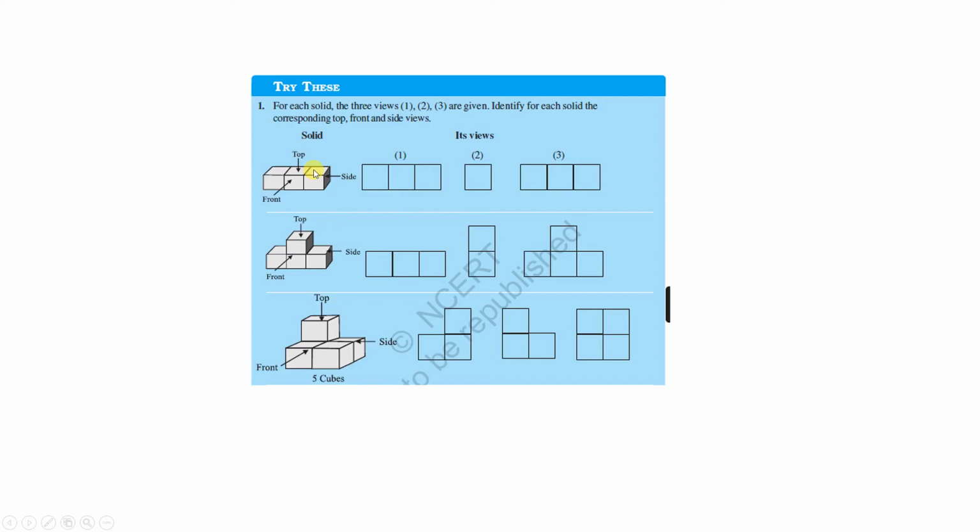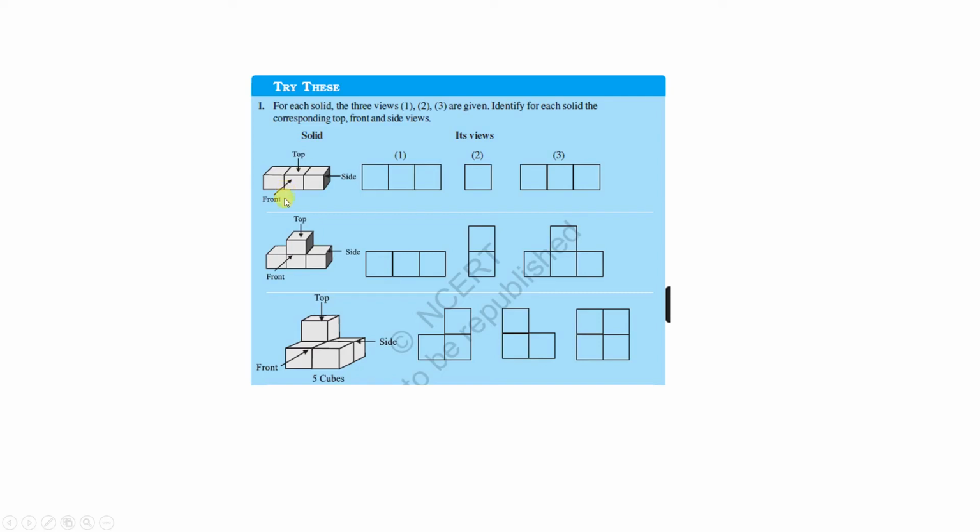Here the first and third are the two views which look exactly the same, having three squares side by side. So we will say that the first is the top view for this solid.